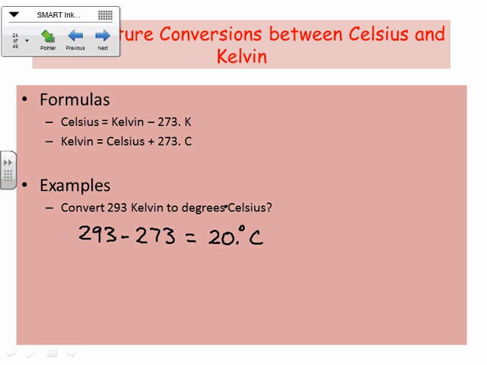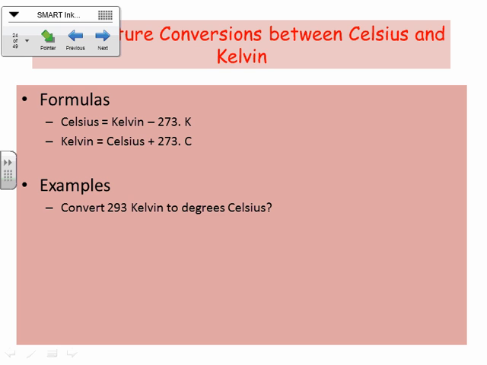This needs to be exact to the ones place because both of these are exact to the ones place. 293 minus 273. When you're doing subtraction, you just pay attention to place. 3 minus 3 is 0, 9 minus 7 is 2, and then that's obviously 0. So we need to be significant to this place, so that's why I put the decimal point.